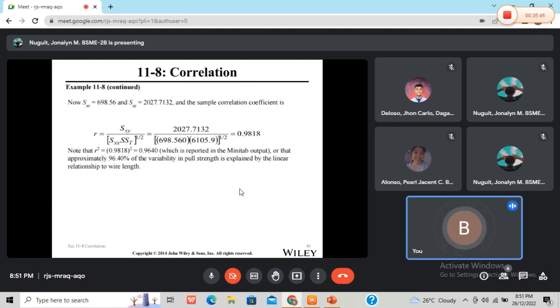Note that R squared is equal to 0.9818 squared, so we have now 0.9640, which is reported in the Minitab output, or approximately 96.40% of the variability in pulse strength is explained by the linear relationship to wire length.